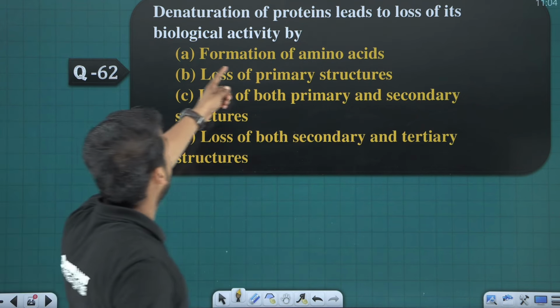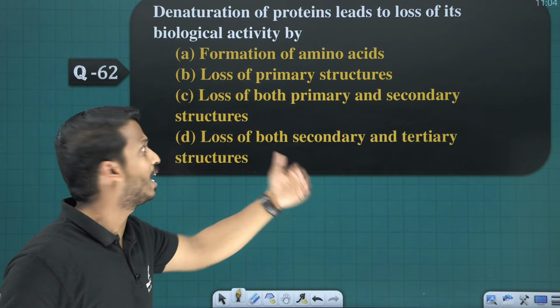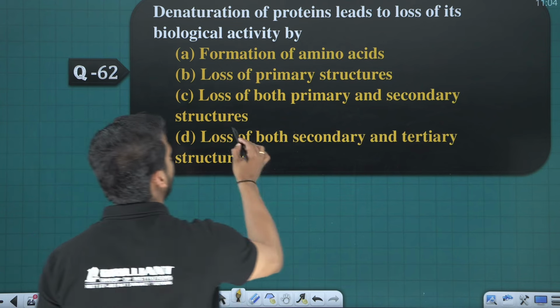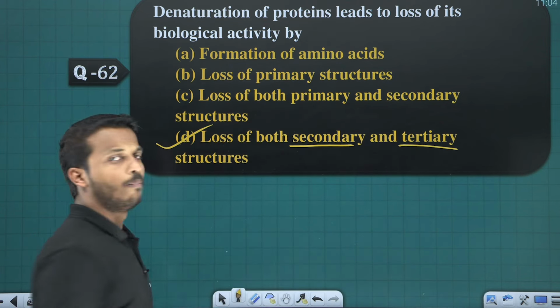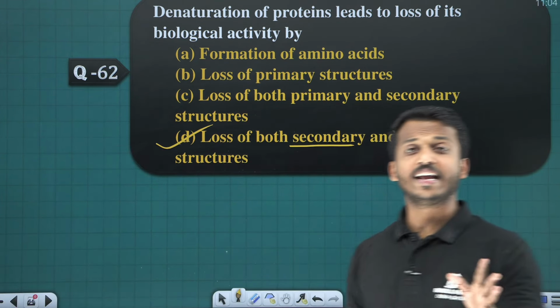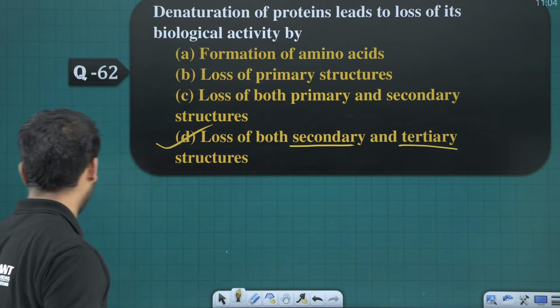So denaturation of protein leads to loss of biological activity by loss of what? Loss of primary? No. Loss of both secondary and tertiary structure. Proteins lose their secondary and tertiary structure completely, but primary structure remains intact.